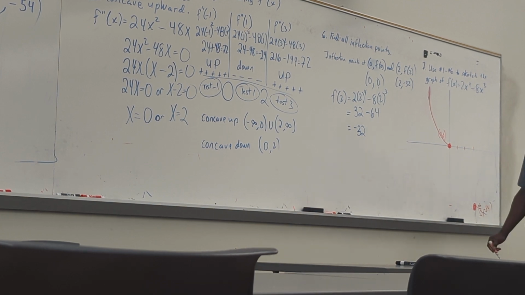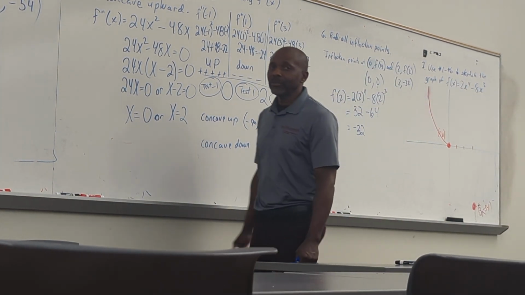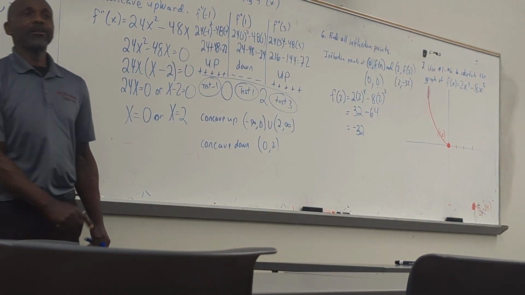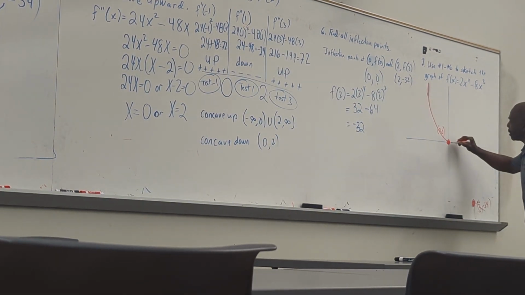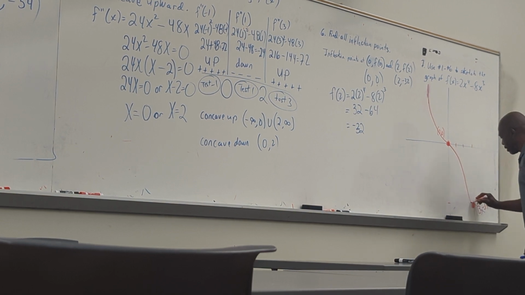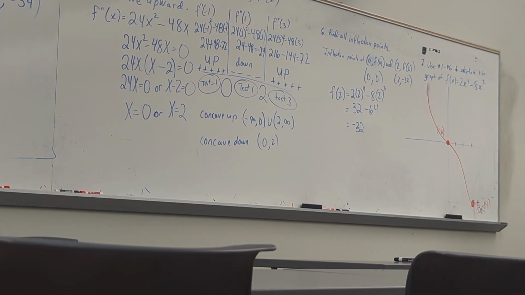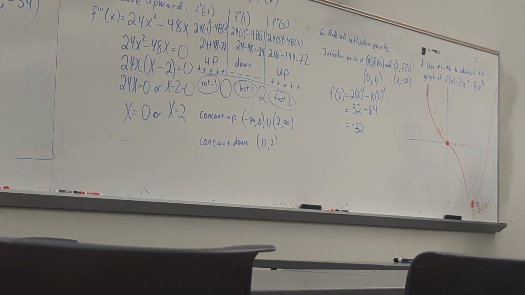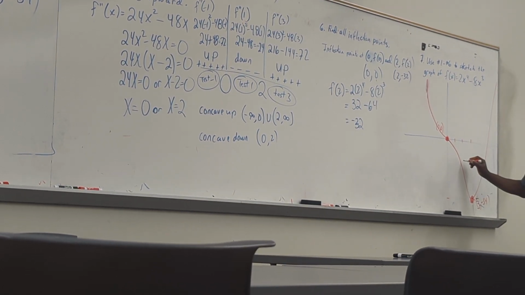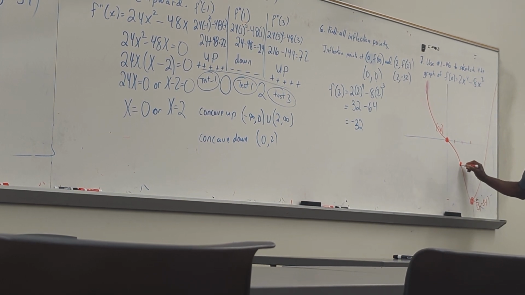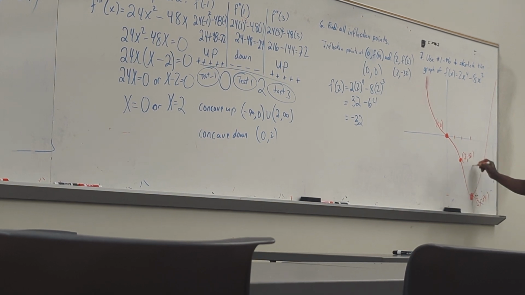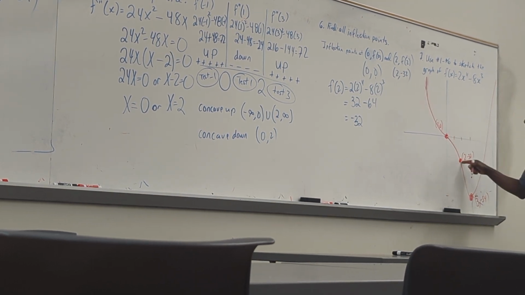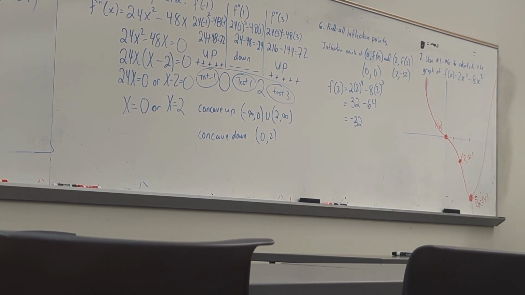And after we get to zero, the graph is still going down to get to this point right here. Then the graph goes up. And this is the graph. Now you have two inflection points, and one other inflection point occurred at the point 2, negative 32. This part here is up, this is down, and this is up. That's the graph.